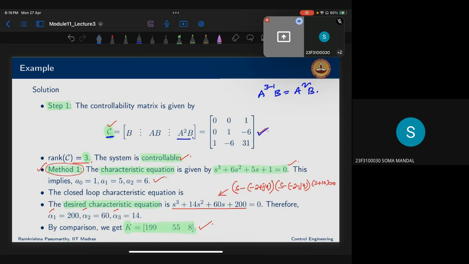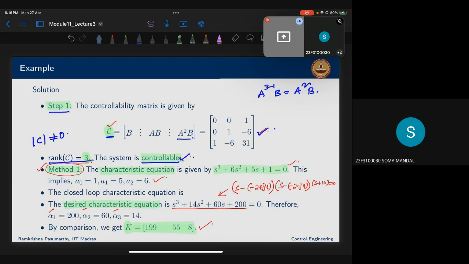Once you have the C matrix, the rank is 3 because the determinant of C is not equal to 0, and the system is controllable. That is our first step: step 1 is to check the controllability.